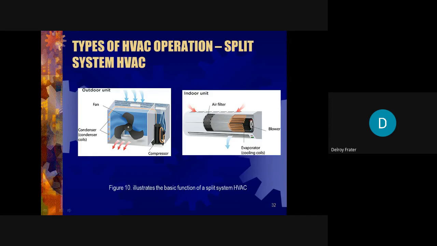So it keeps going, and it's more energy efficient in the sense that it cuts down the speed whenever the room or the space reaches that desired temperature, instead of shutting off the compressor altogether.